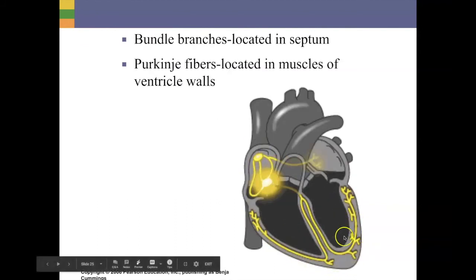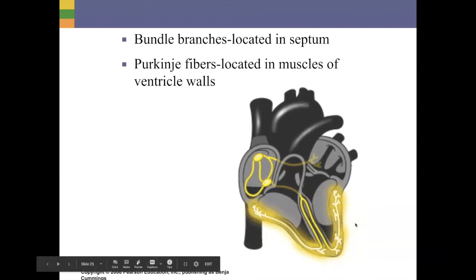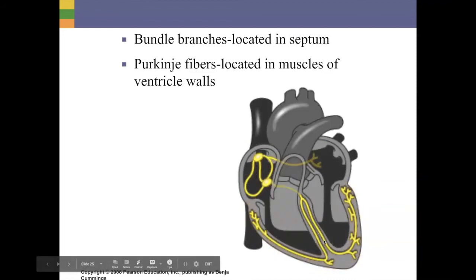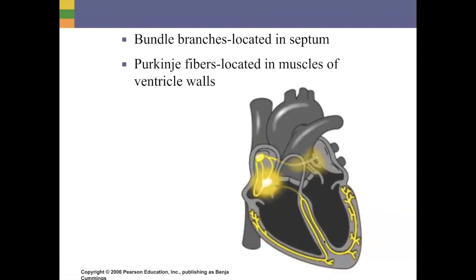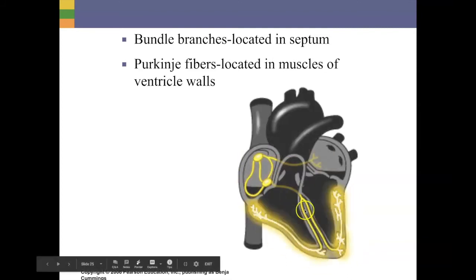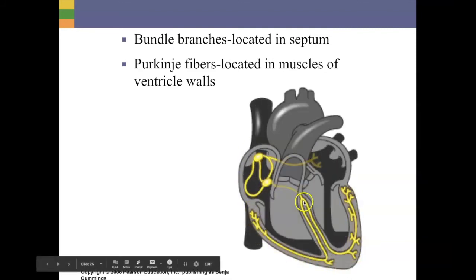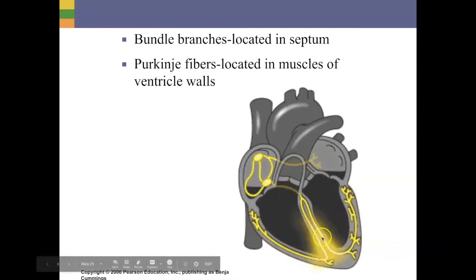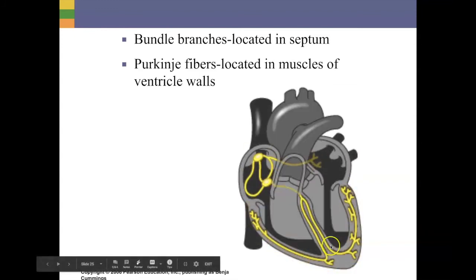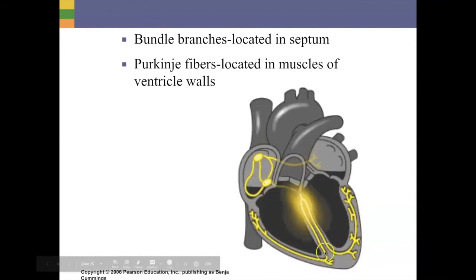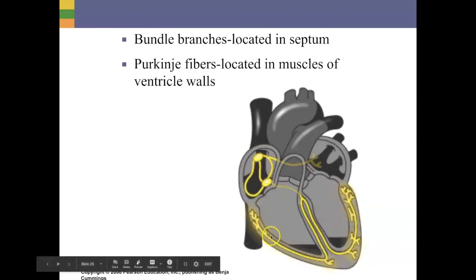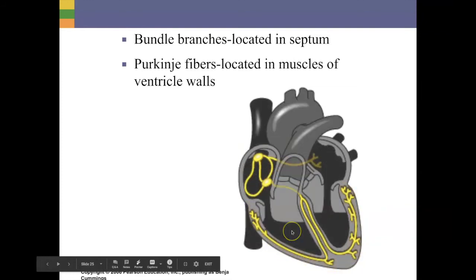And so these bundle branches and the Purkinje fibers are relating to that atrioventricular bundle that we were talking about on the last slide, just simply saying that the signal from this atrioventricular bundle is going to travel down through these bundle branches that you can kind of see here in these Purkinje fibers. And when these start to get their signal, that's what tells it to contract.